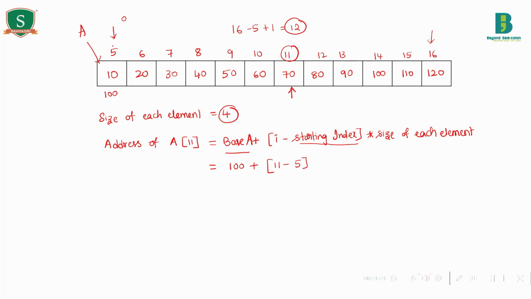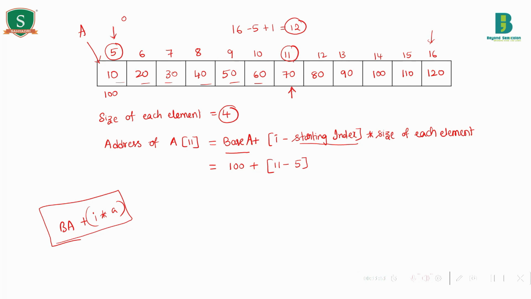If the starting index 5 is given, the general formula, base address plus index multiplied by size of each element, will fail, because the index here is 11 but the starting index is not 0. How many elements do you need to cross to reach the 11th? 1, 2, 3, 4, 5, 6. 6 elements.